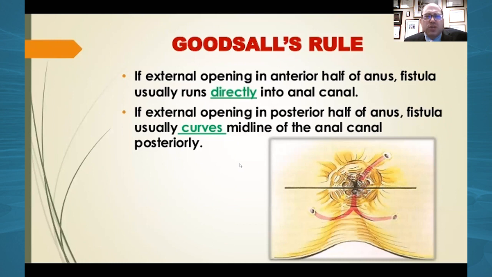Goodsall's rule is really great and always is true up until the next patient you see that shows you that it's not true. So it's a generalization, and many people do follow it, like their fistula will play along, but there's plenty of patients whose fistulas do not follow this rule. Like everything in medicine, there's a loophole.